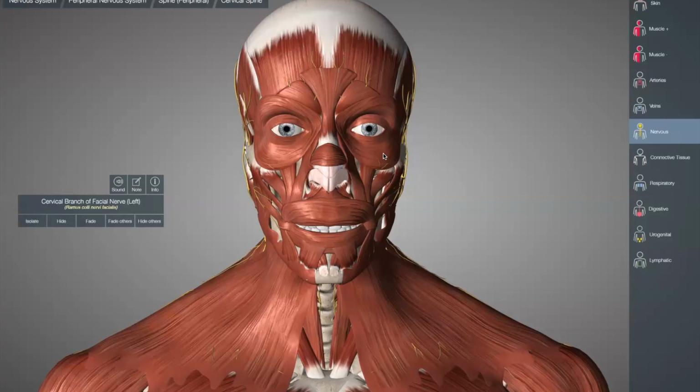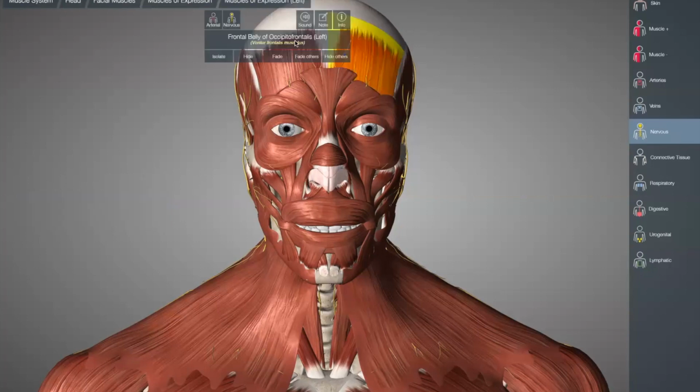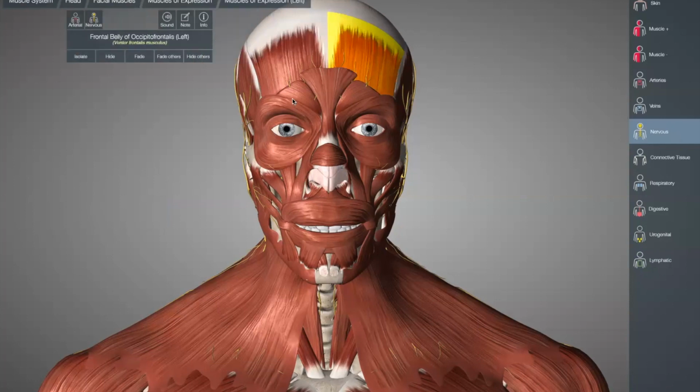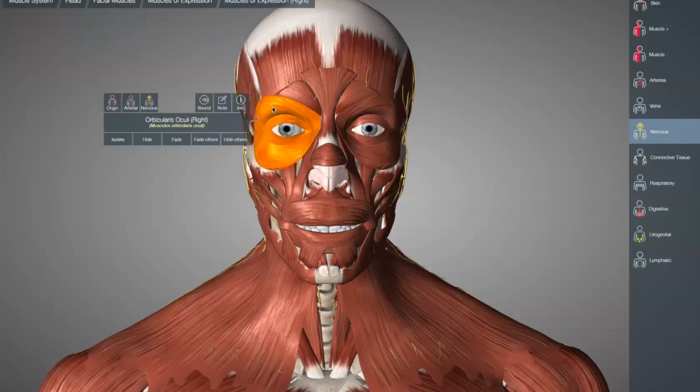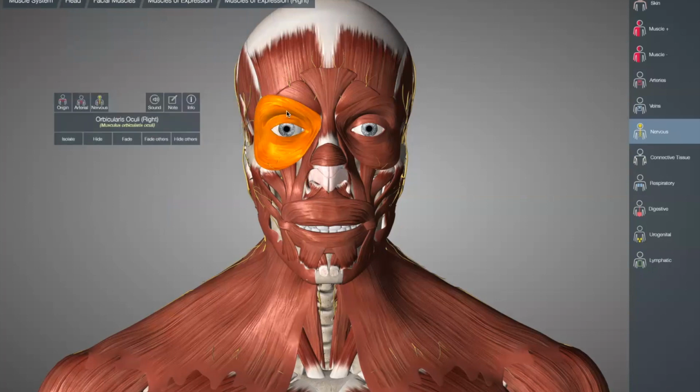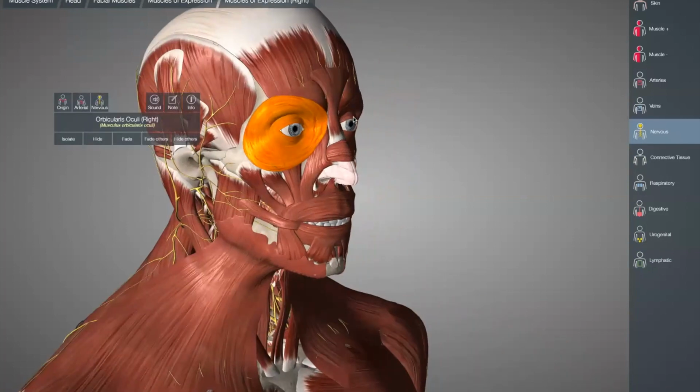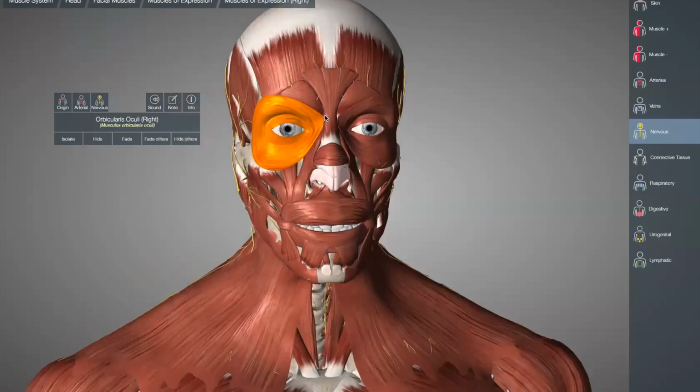Now we're talking about the muscles. First, let's discuss the muscles of the orbital group of the facial muscles.